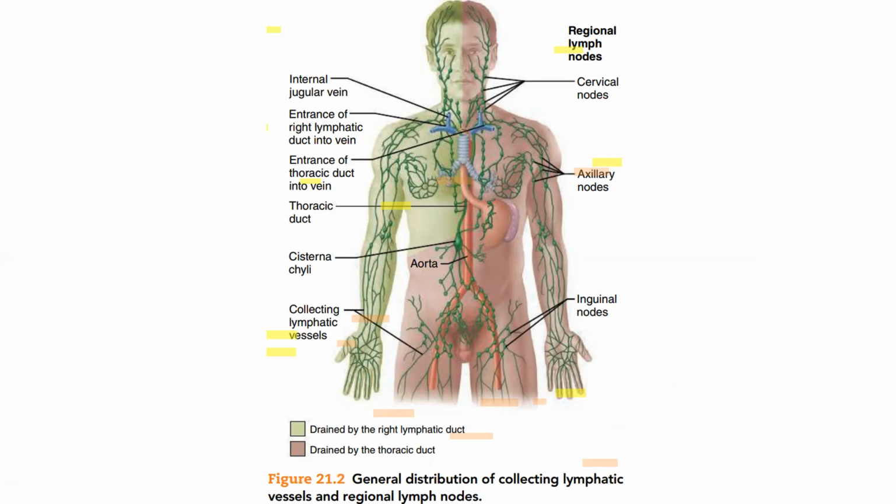If you look at this, the right side of the head and neck, the right thorax, as well as the right upper limb are color-coded with green, and the rest of the body is coded with pink. What does it mean?